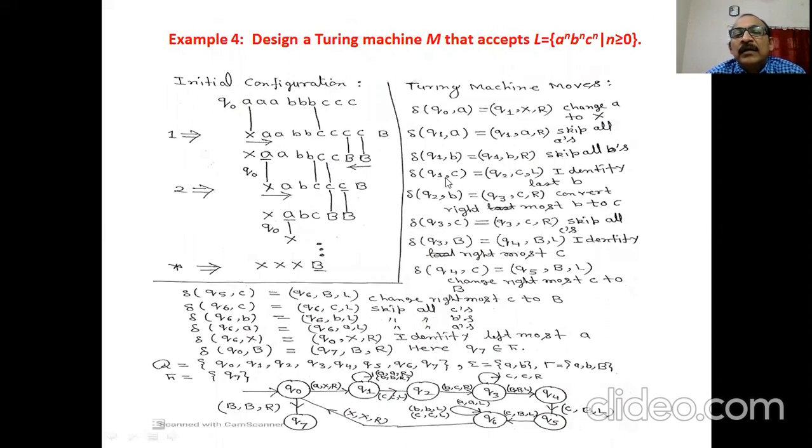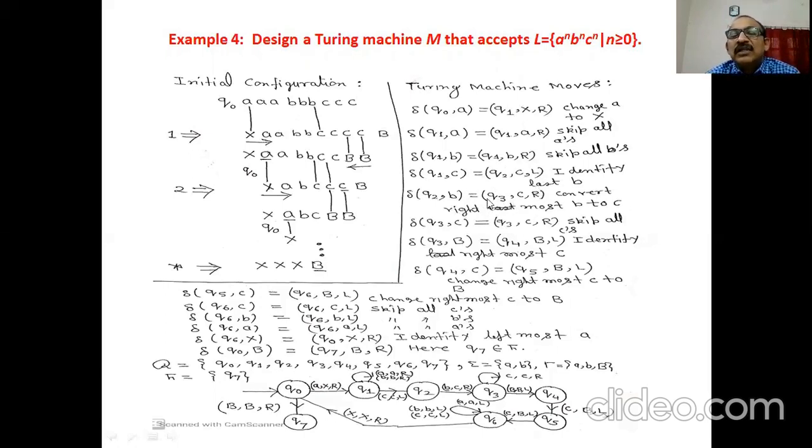Now machine in state Q2, at this place. Machine in state Q2, if it reads B, goes to Q3, replaces this B by C and moves in the right direction.